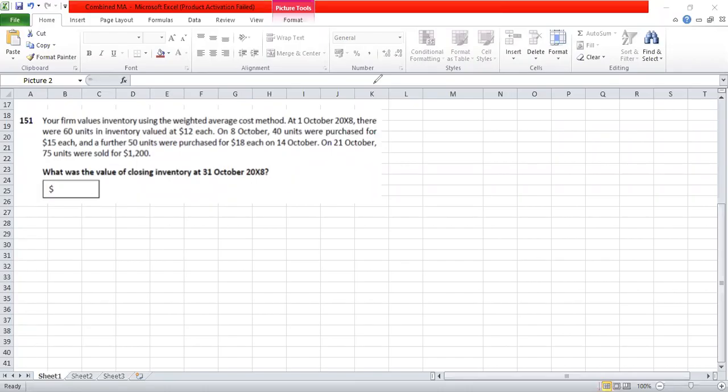on 31st October 2008? So we'll work out all three methods for this set of data. So a stores ledger account has to be prepared. So what are the columns we would have?